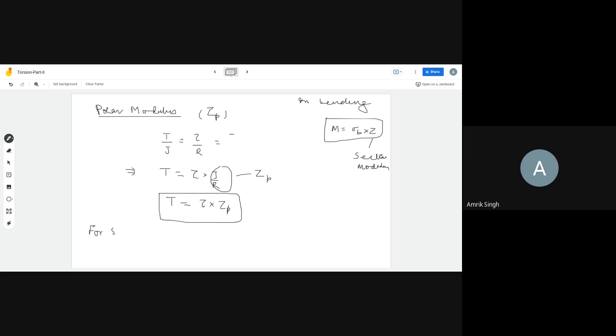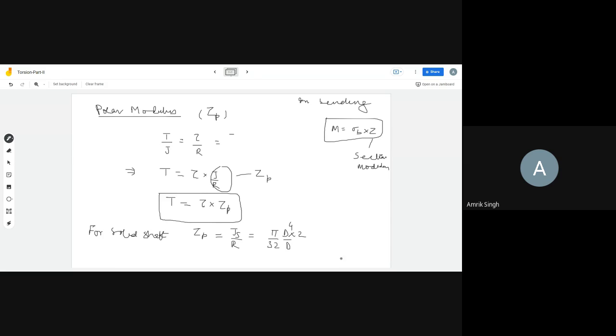So for the solid shaft, Z_P is equal to J upon R. This J will be J solid upon R. J solid is, if D is the diameter, pi upon 32 D to the power 4, and this R you can write as D by 2, right?